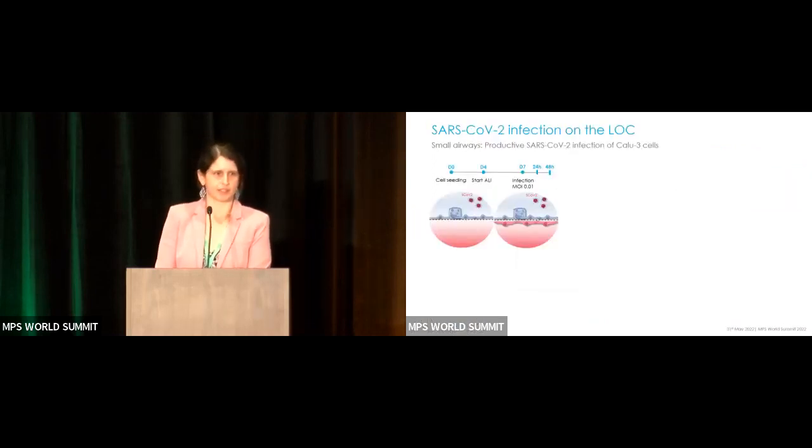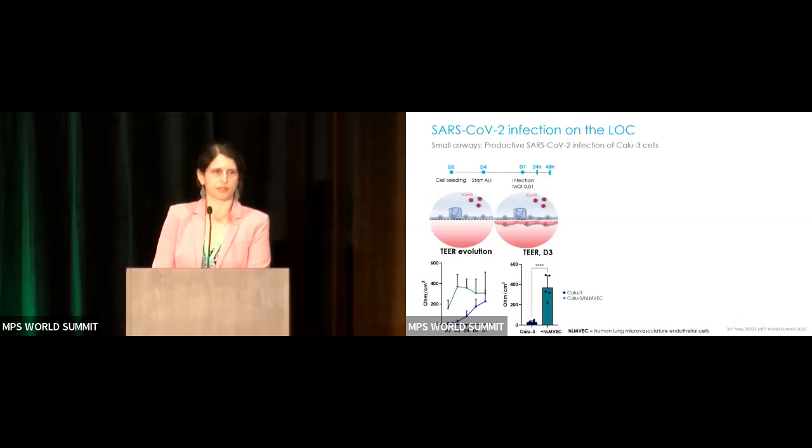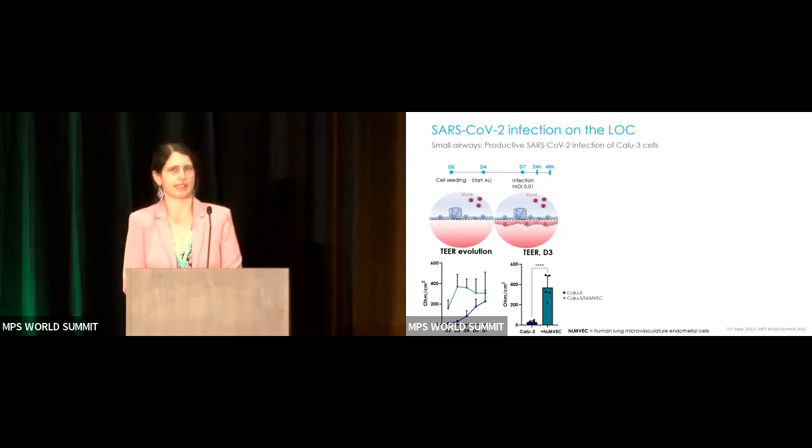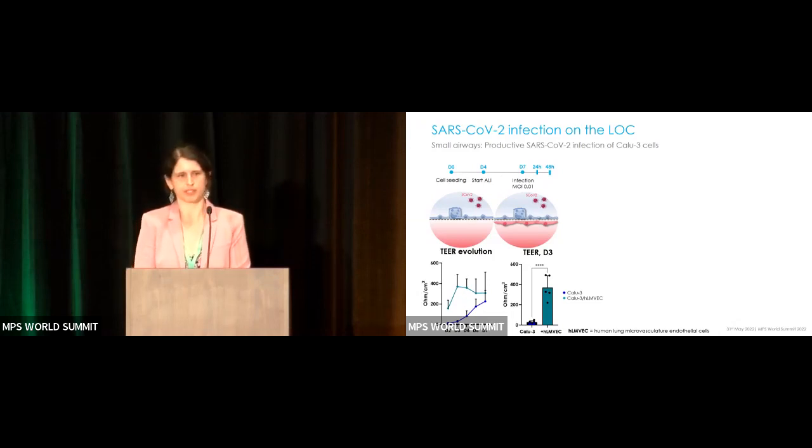Again, starting with the small airway model, with the Calu-3 cells, we cultured them on the chip. And we also asked if the addition of the endothelial cells makes a difference for the infection of this cell type, the Calu-3 cells. First, we noted that once we introduced endothelial cells into the system, the Calu-3 cells had enhanced barrier formation.